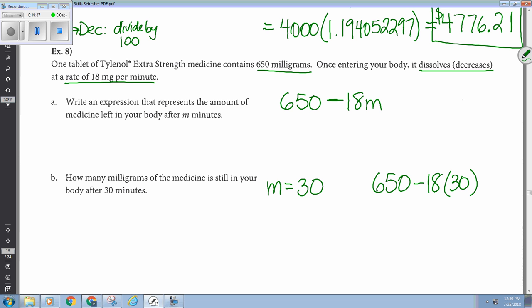Parentheses is only a single number. We're good. There's no exponents. We have multiplication. That's 18 times 30, which is 540. 650 minus 540, if you do the computation, gives you 110. So there's 110 milligrams still in your body.